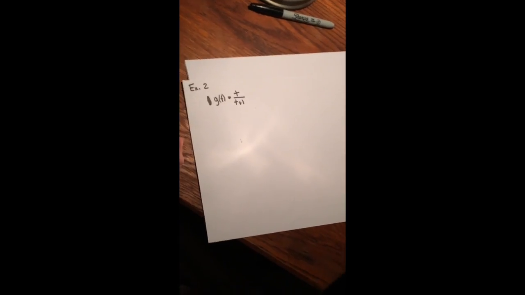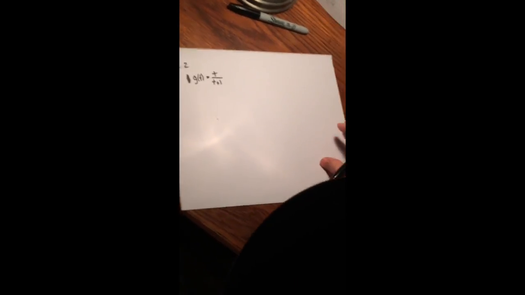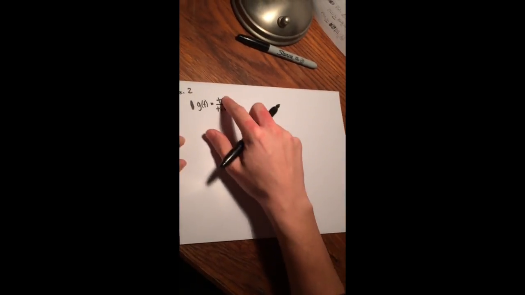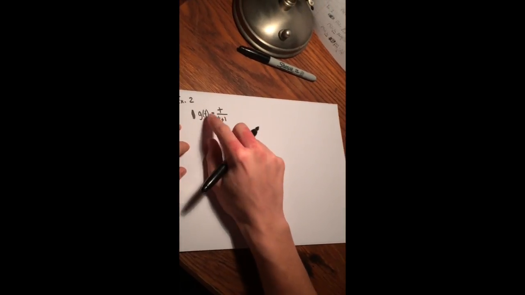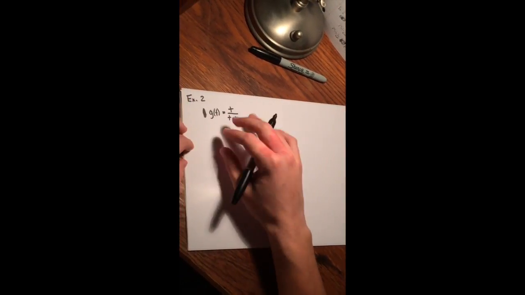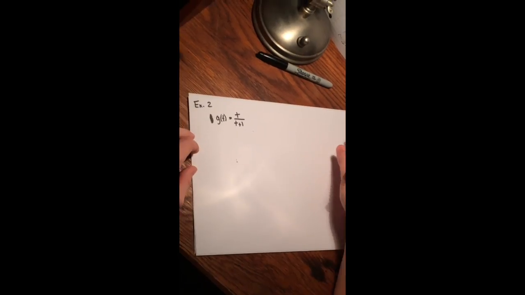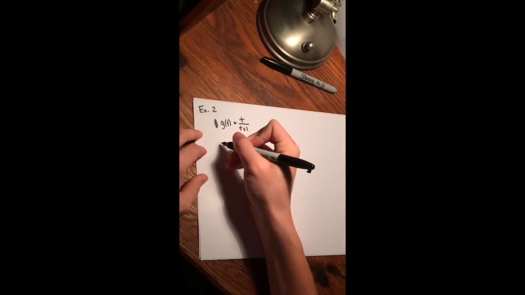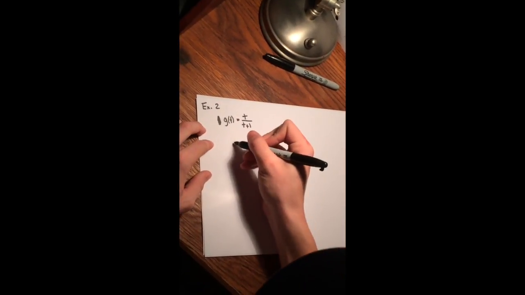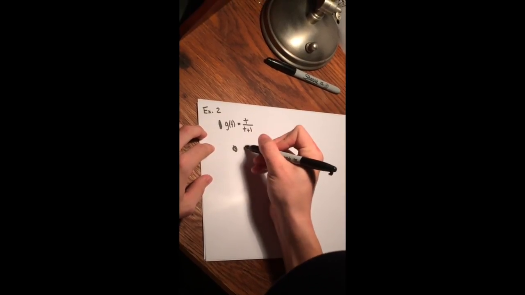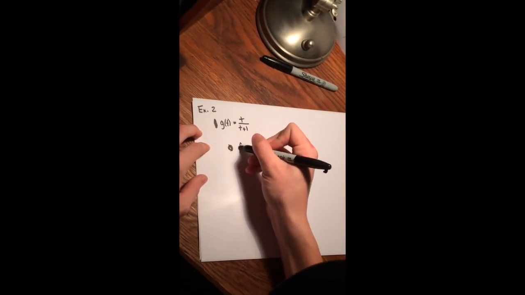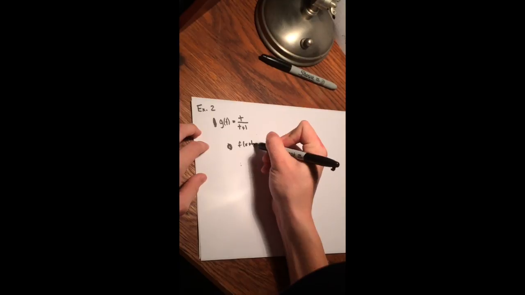Okay, for example 2, we're going to do one that's much harder because it is a fraction. So we're using g of t here. It's just the same thing, different letters. So we know our equation is this.